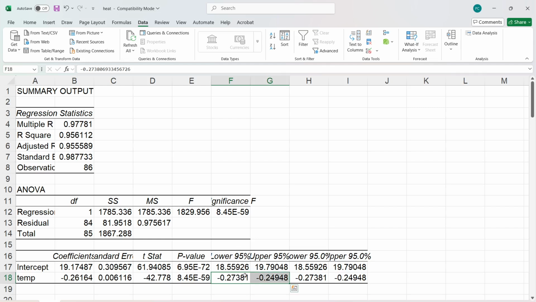I can interpret this confidence interval as the set of values that I should see about 95% of the time. So if you want to tell me one number that you expect to see the most, this is probably your best guess. And if you want to give me a range of numbers that you expect to see with about a 95% chance, then this is probably your best guess. This upper and lower bound.